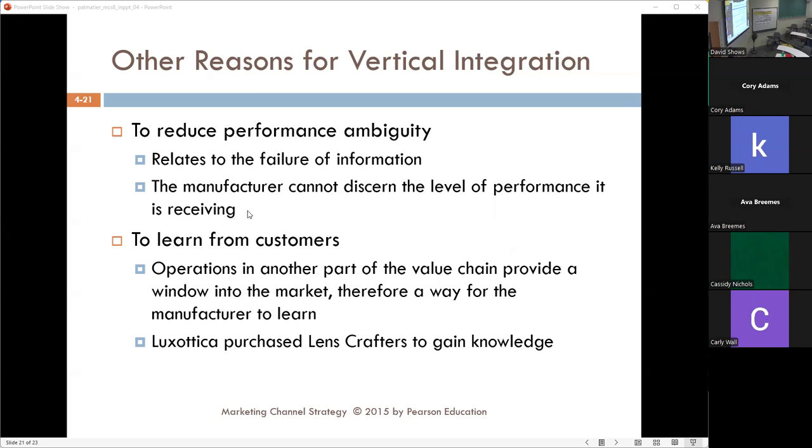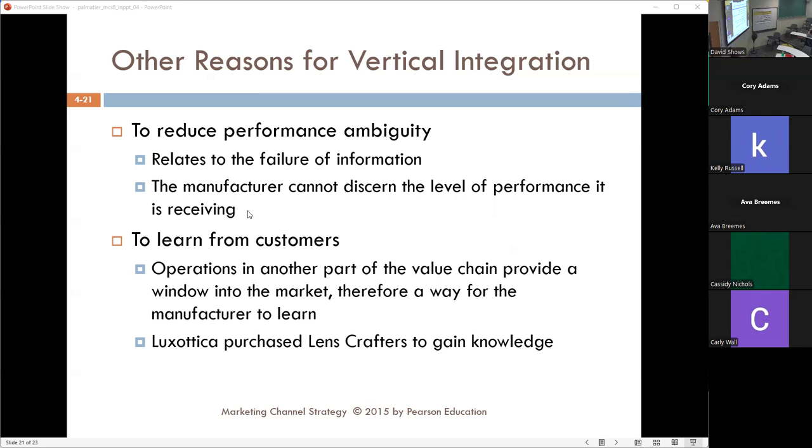And so such things as dual distribution, where I have a channel outlet where I have traditional channels as well, I have franchise stores, or I vertically integrate. All of those are reasons to give you a greater understanding of the market itself. It is a way for the manufacturer to learn.